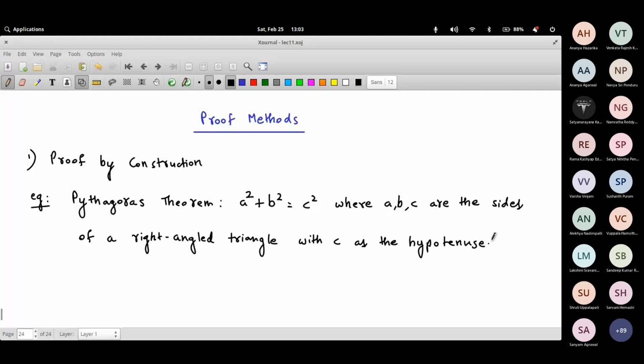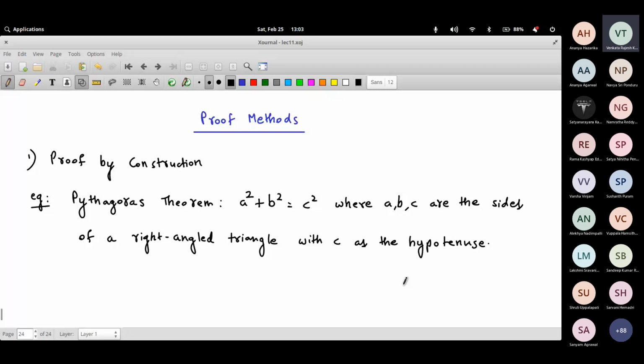Okay, so there are actually more than 300 proofs for this single theorem. All right. People have come up with various ways to prove this theorem. We will look at one particular proof today, but just to let you know that there are many proofs for this theorem.